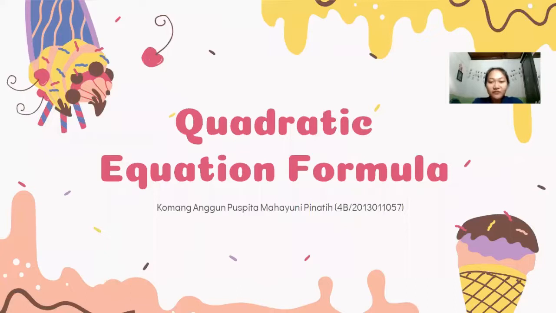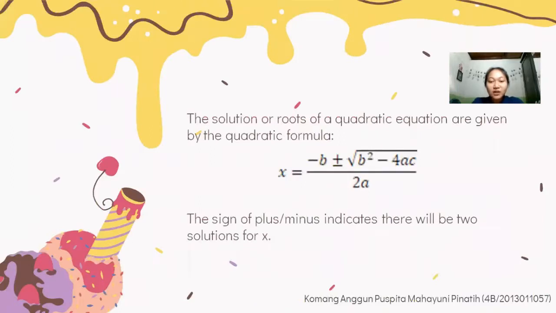Quadratic equation formula. Okay, the next thing we should learn is the quadratic equation formula. The solutions or roots of a quadratic equation are given by the quadratic formula. The formula is used to find the roots of the equation.